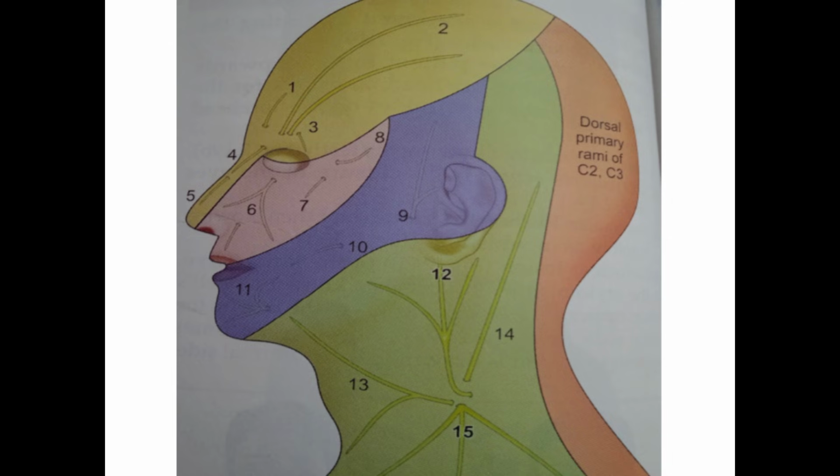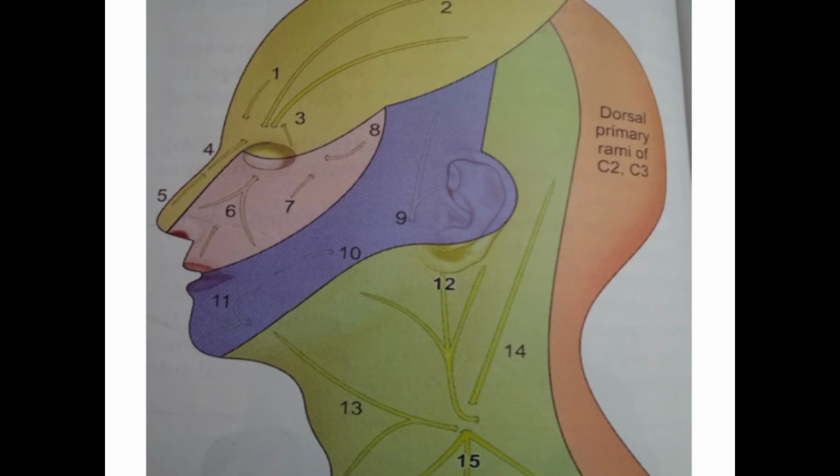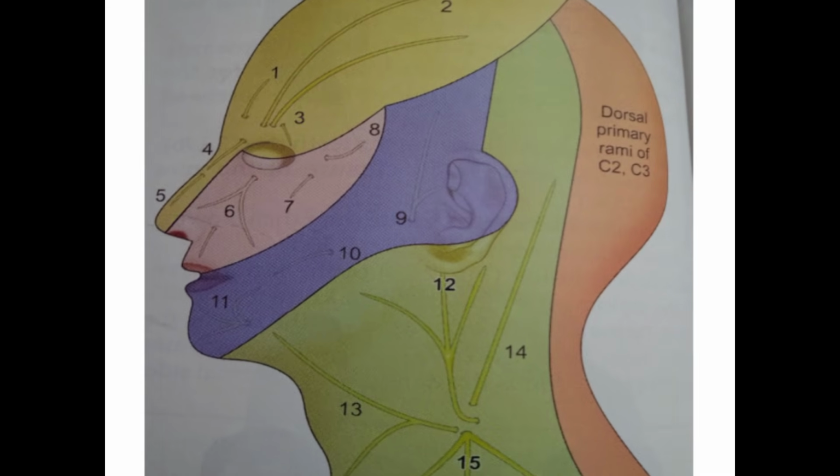Observe the picture. See each zone, ophthalmic zone, maxillary zone, mandibular zone, and so on for the cervical plexus is clearly visible here. Observe this.